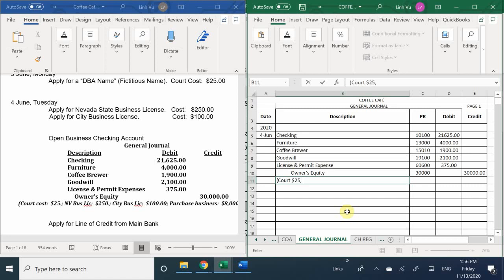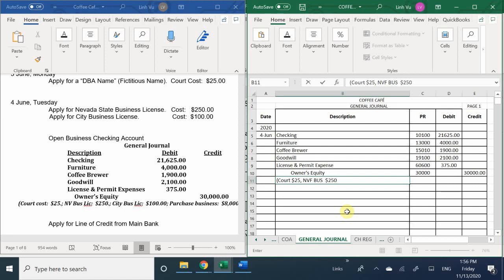Okay. I'm just going to shorten it up because I don't have space here. NV business license, NVBUS, for $250.